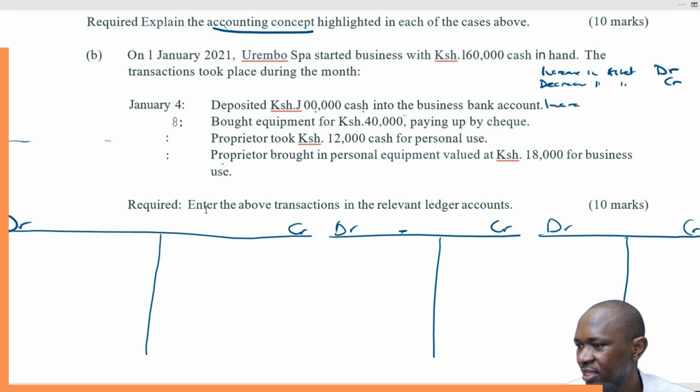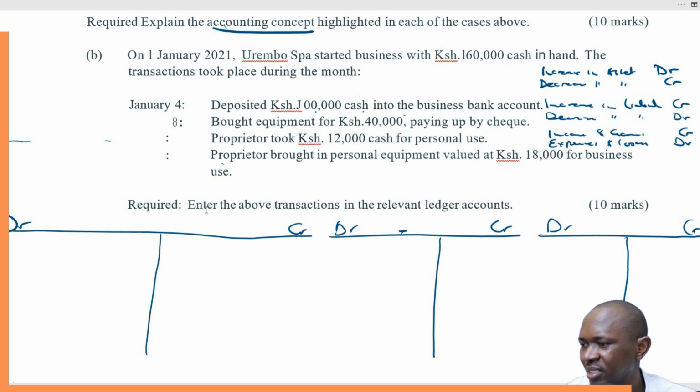An increase in liability, we credit. A decrease in liability, we debit. Incomes and gains, we credit. Expenses and losses, we debit. It's very simple.